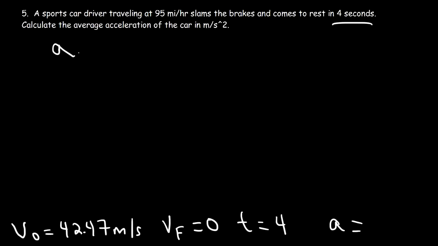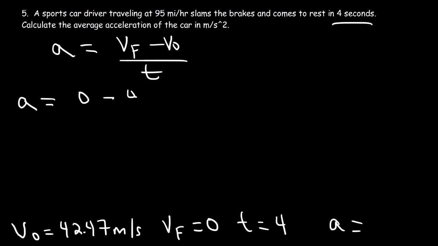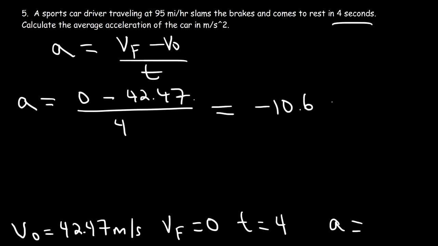So let's use this formula. A is equal to V final minus V initial divided by T. So it's 0 minus 42.47 divided by 4. So negative 42.47 divided by 4, that's about negative 10.6 meters per second squared.